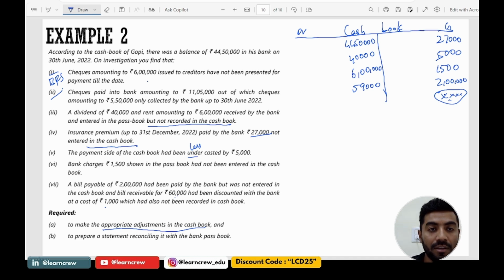Then according to the cash book, now we have this balance, and we have to find the difference. We'll be requiring this balance to find the balances, so we'll just start with the balance.